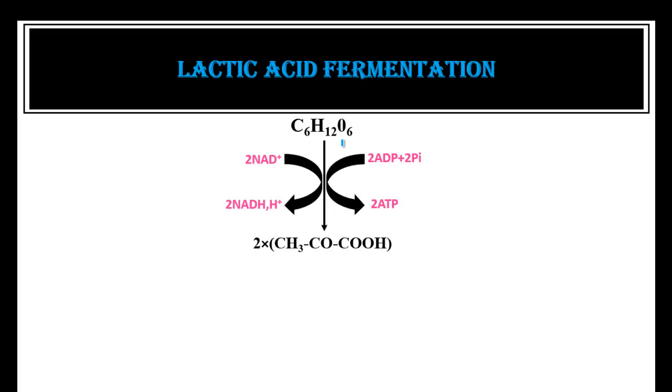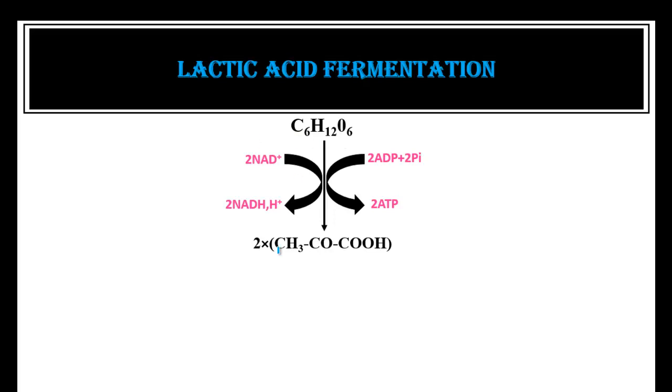So for lactic acid fermentation, it's the same thing. Nothing has changed, and it's a common step between this type of fermentation and the alcoholic one. So the difference is going to be noticed in the next step.